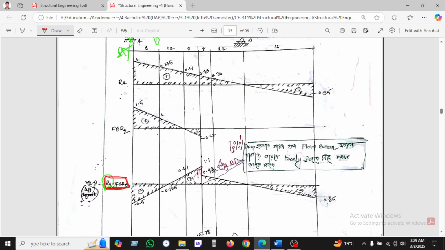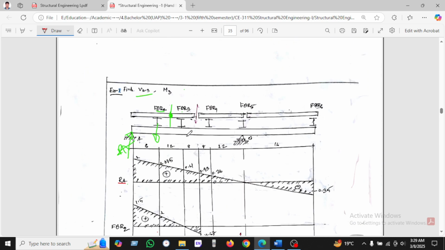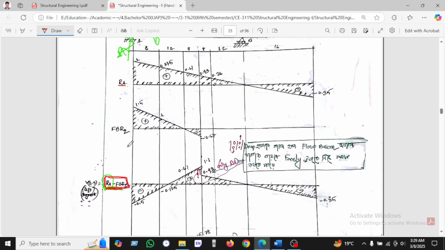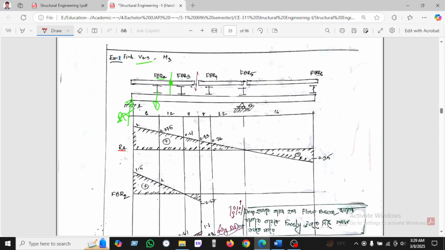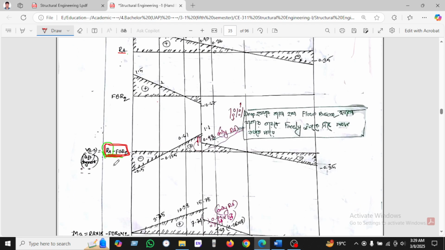If you get the equation RA minus floor beam, then you draw the RA. Otherwise, if the equation is RB minus something like this, then you have to draw the other one. Otherwise, you don't need RB. I am not drawing the RB in the previous line because I don't need it. I don't have any equation for it.